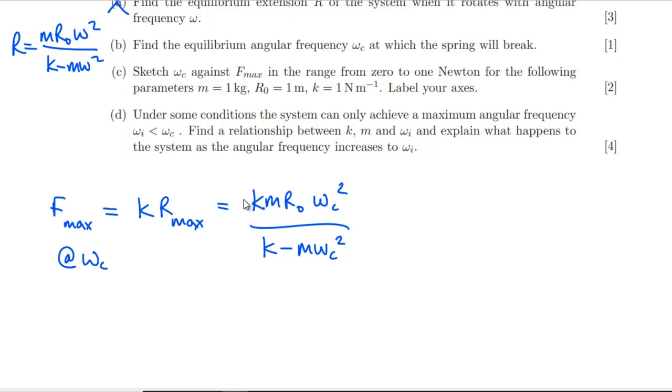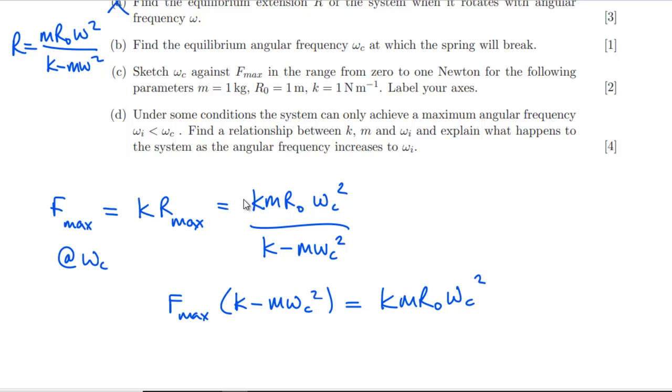Fine, and now we've got to rearrange it for omega c. Right, that means we've got F max times K minus M omega c squared is equal to K M R0 omega c squared. Oh, how annoying. So what have we got left with?